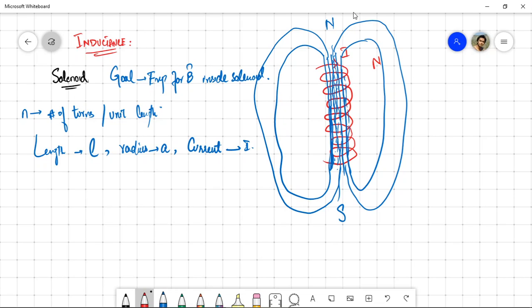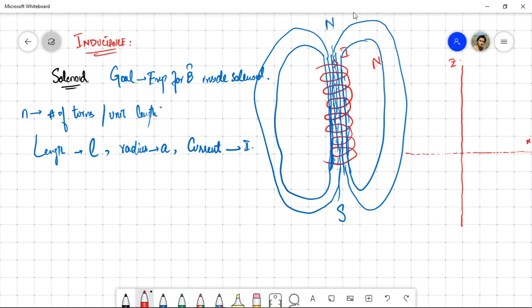I'll try to draw this as straight as possible. We'll draw an axis, and this should be the other axis. So this is x and this is z.